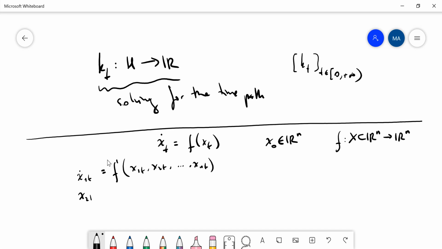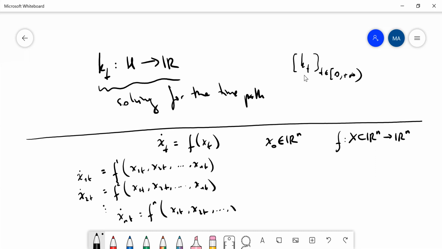You have x2(t) dot equals f2(x1(t), x2(t), ...), and that goes on. Finally, you have xn(t) dot equals fn(x1(t), x2(t), ..., xn(t)). Okay, so this is the shorthand notation for all this. All right. Now, what to do with this? Well, we're going to do three things.